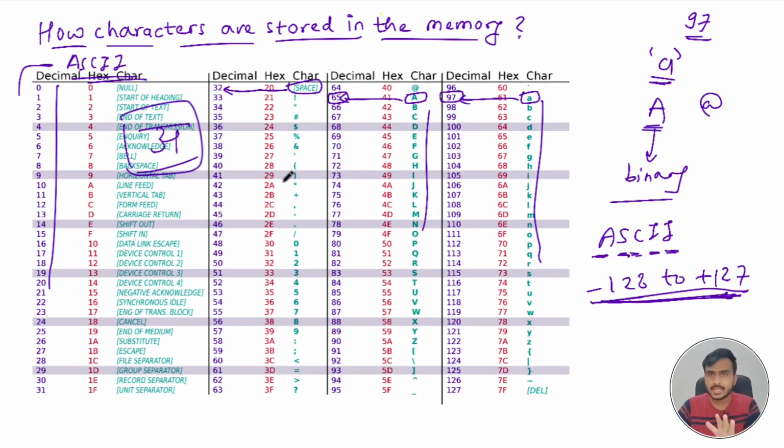Let's say you have the Chinese language. Maybe in Chinese you have some character like this. I don't know Chinese, so I'm not sure about the characters. Let's say you use emojis, smileys, something like this. Even this smiley is also one character in modern computation.